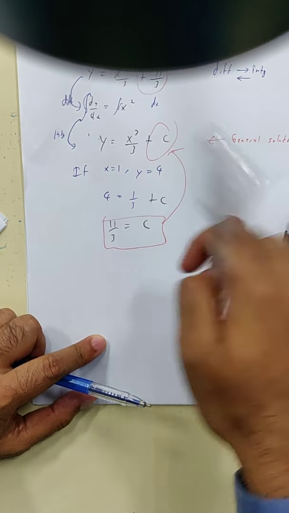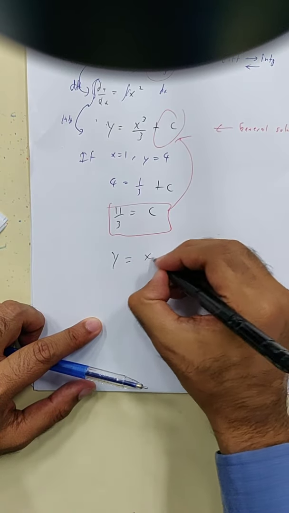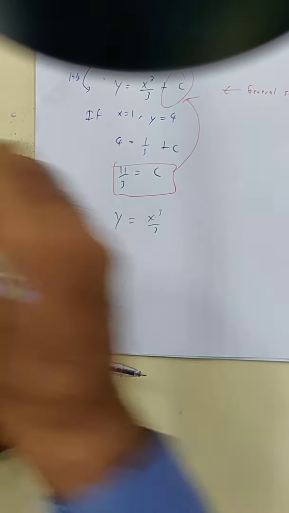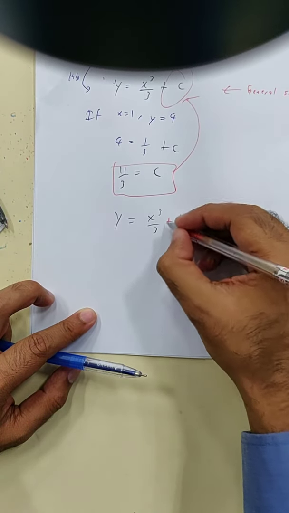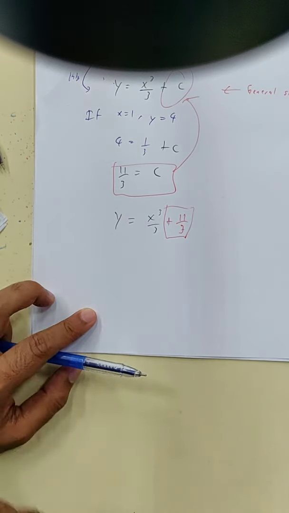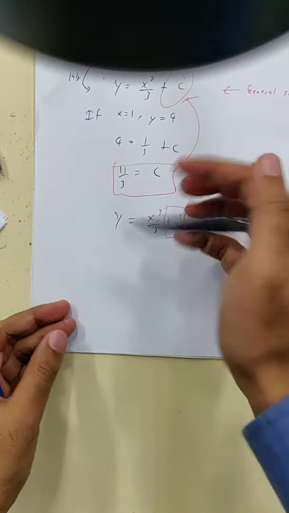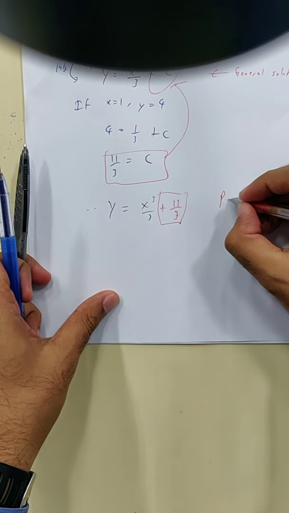To your plus c. So you got y equals x cubed over 3 plus 11 over 3. If you got this value in, no more plus c after you have substituted this value. This is what we call the particular solution.